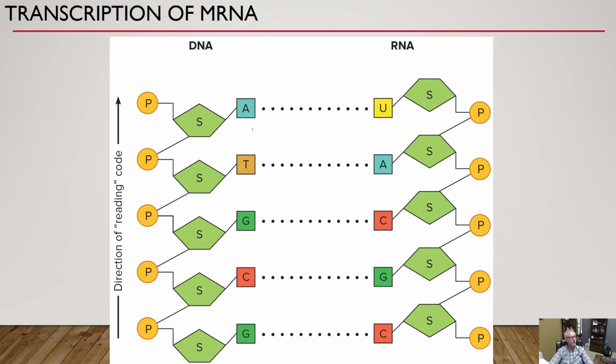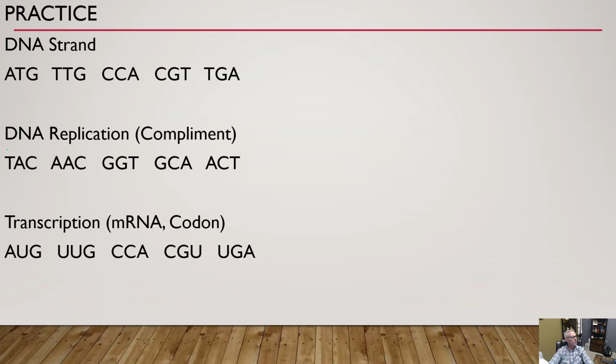All right, so when we go from DNA to RNA, remember that we don't have any more T's on the RNA side. That A is going to pair with a uracil. All right, so we have our DNA. We've replicated our DNA. So now let's do our transcription. So we're going to make our mRNA. Anytime we see a T, we're going to make an A. So now we have an A. Instead of a T, we're going to make our U, uracil.